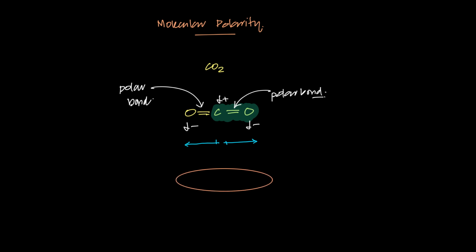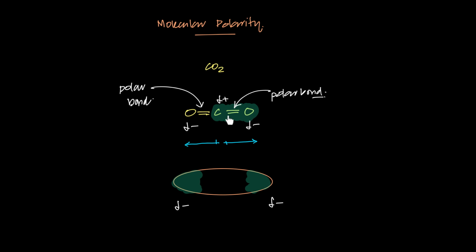If I think of CO2 as a whole molecule, with the two ends being O's and the middle being carbon, what I end up seeing is that the two ends have the same partial negative charge because they are identical oxygens, meaning there are as many electrons on the right hand side as on the left hand side. Using a marker, I can show that this side has a lot of electrons and this side has a lot of electrons.